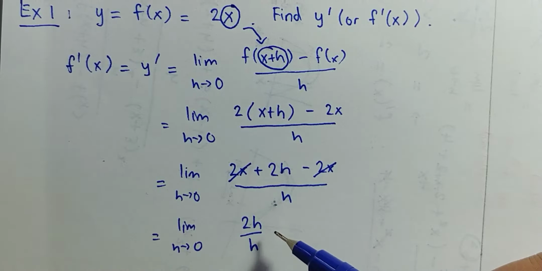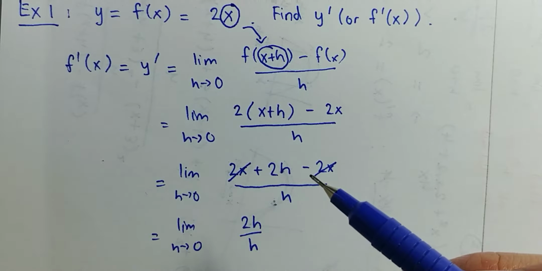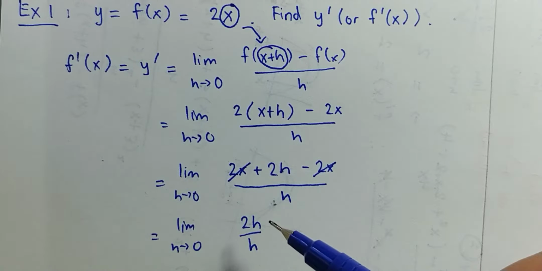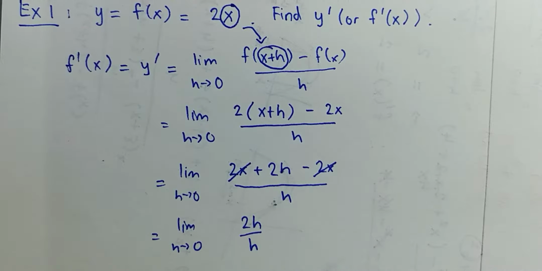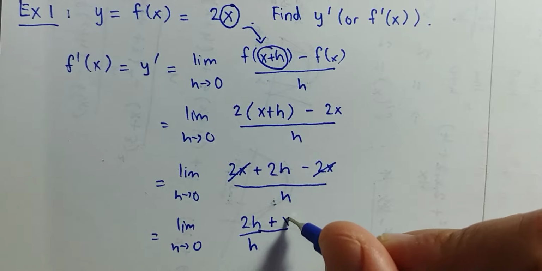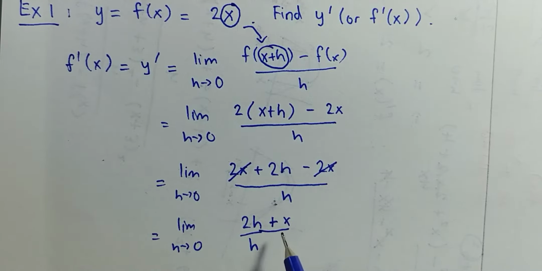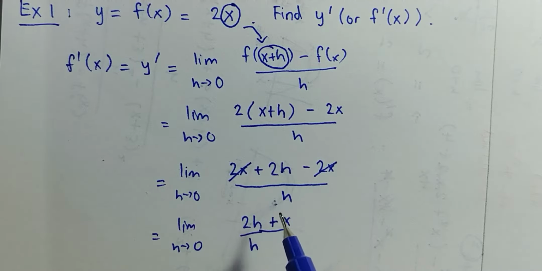Keep in mind that by the time you do the cancellation, you should be able to have the terms with only the h associated with that. So let's say by this step, I still have an x somewhere here. Then you should know that you probably made a mistake somewhere in the previous steps. So you have to go back and check for that.